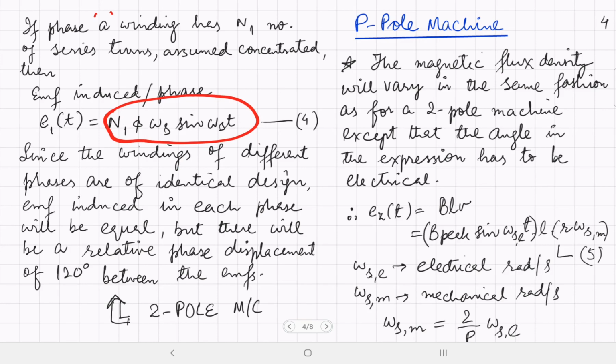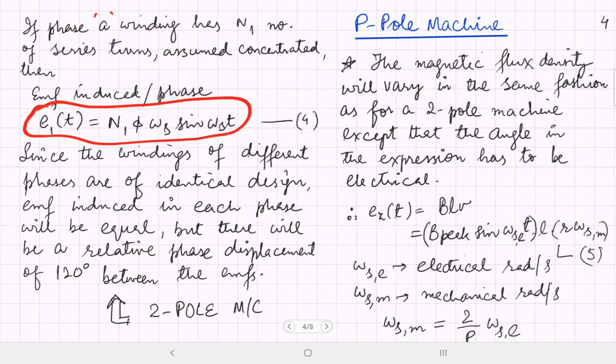Now, since the windings of different phases are of identical design, the EMFs induced in phases B and C will be of equal magnitude, but there will be a relative phase displacement of 120 degrees between the EMFs. So in general, the EMF induced per phase is given by this expression.